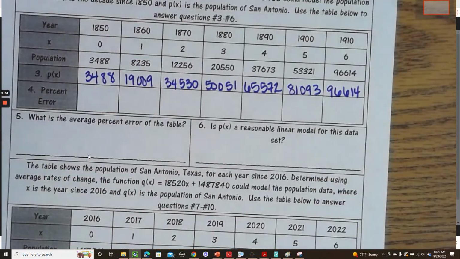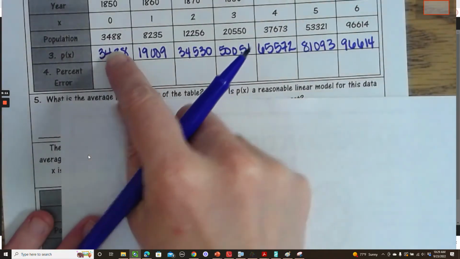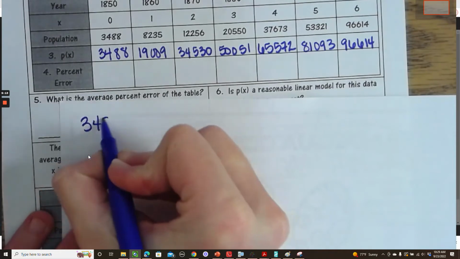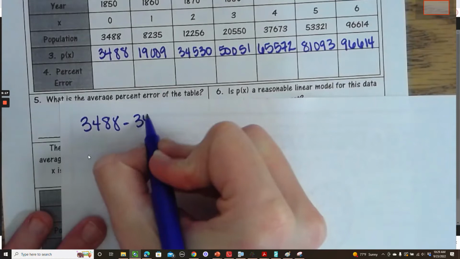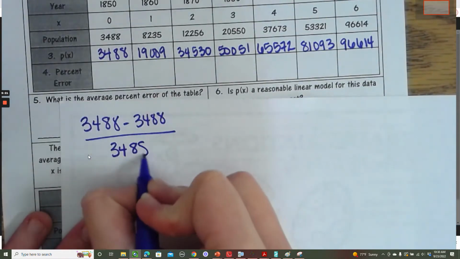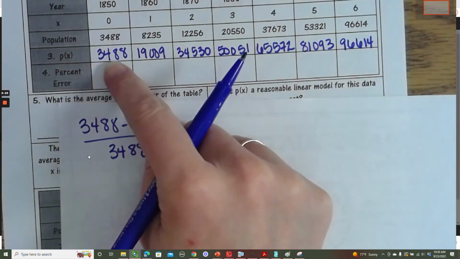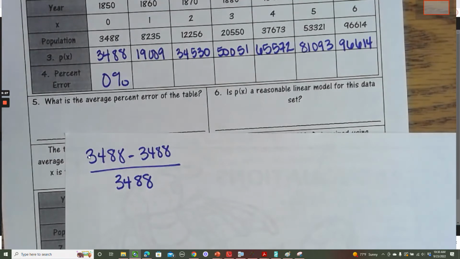So what that looks like, I take P of X, I subtract the actual value, and I divide by the actual value. Well, in this case, since all the numbers are the same, I'm going to get a 0. If the numbers are identical, your percent error is 0.